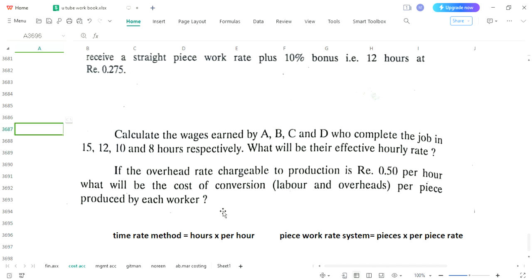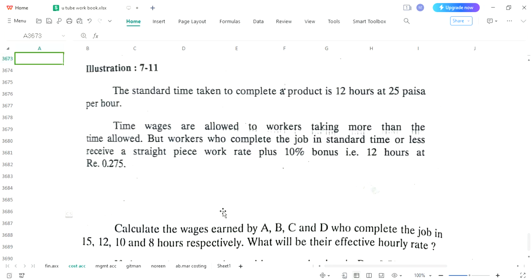I think number of units. Okay, complete a product. A product is very important and you will have an idea. These are number of units. Kindly note it down. A product means only a single product.